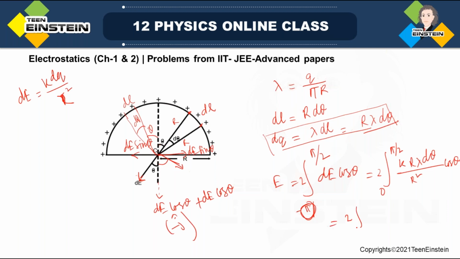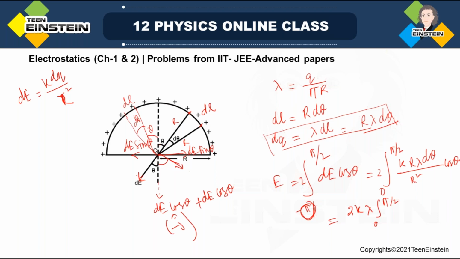Now we have to integrate this. So here, from 0 to pi by 2, k will be out, lambda will be out, so we have 2k lambda, 0 to pi by 2.